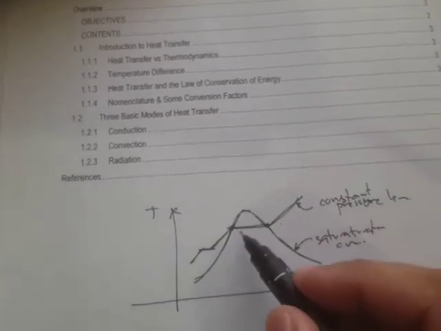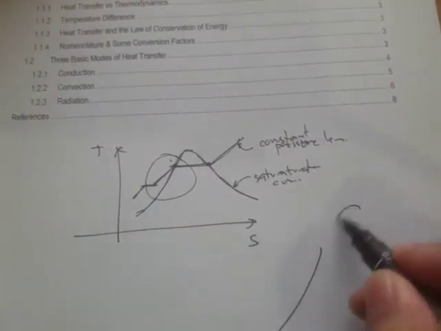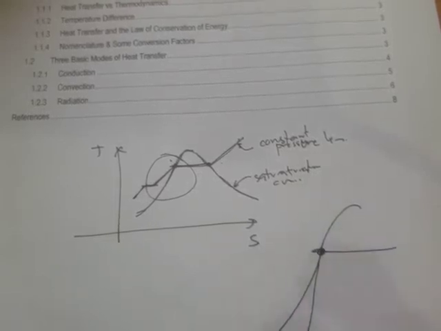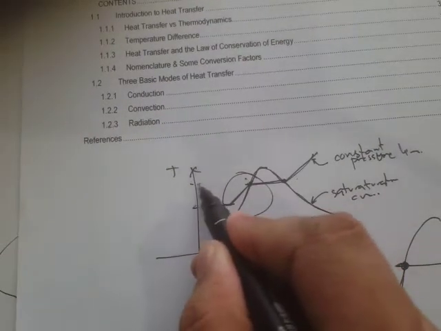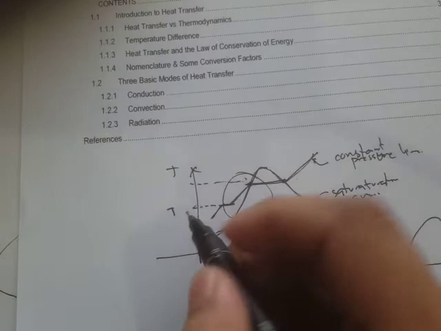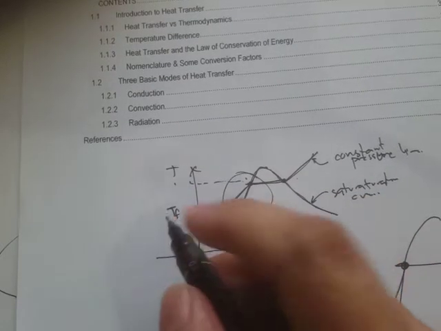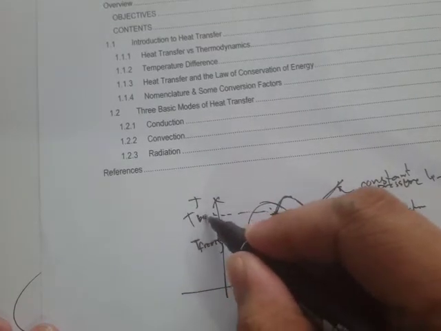Okay, so let's zoom this in. So what you'll see actually is this, right? So right here, let's say this is the freezing point of water, and this one is the boiling point of water.